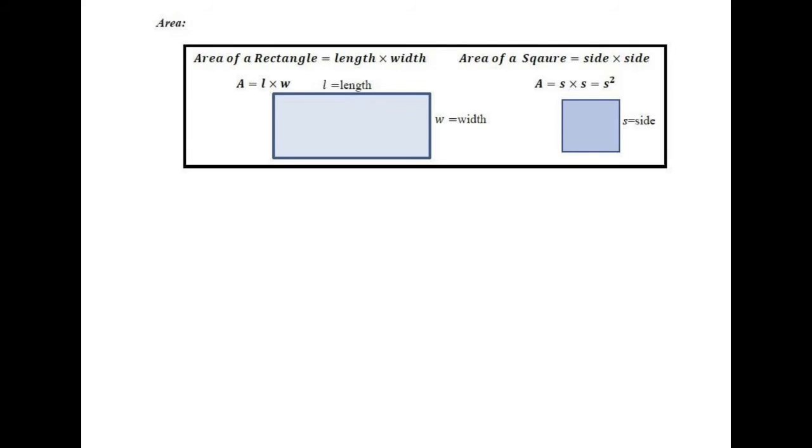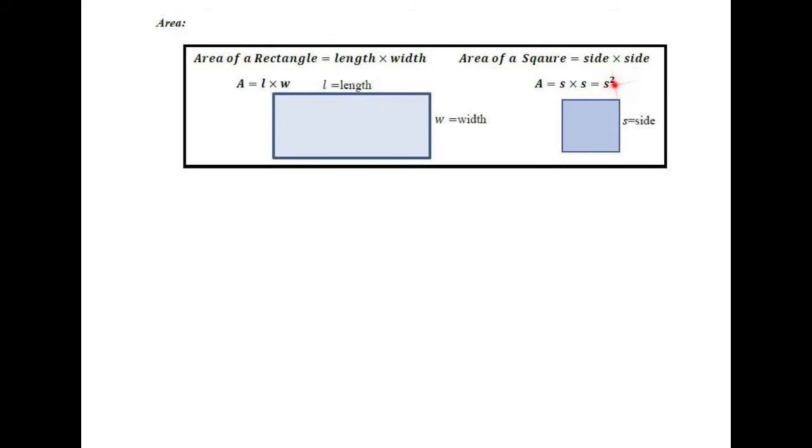And the formula for the area of a rectangle is length times width. Length is usually the long one, and width is usually the small one, but it doesn't matter because multiply is commutative, so it doesn't matter which one comes first. You just multiply both. If you want to be specific with a square, since the sides are the same, you can use side times side.